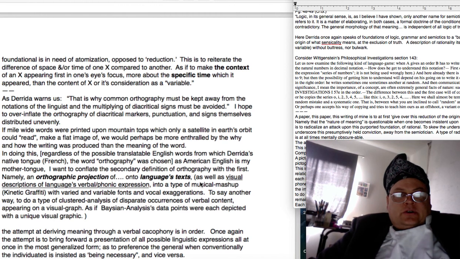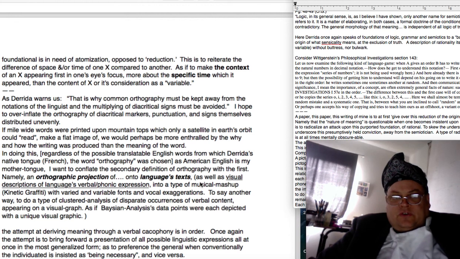This is to reiterate the difference of space and or time of one x compared to another, as if to make the context of an x appearing first in one's eye's focus more about the specific time which it appeared than the content of x or its consideration as a variable.